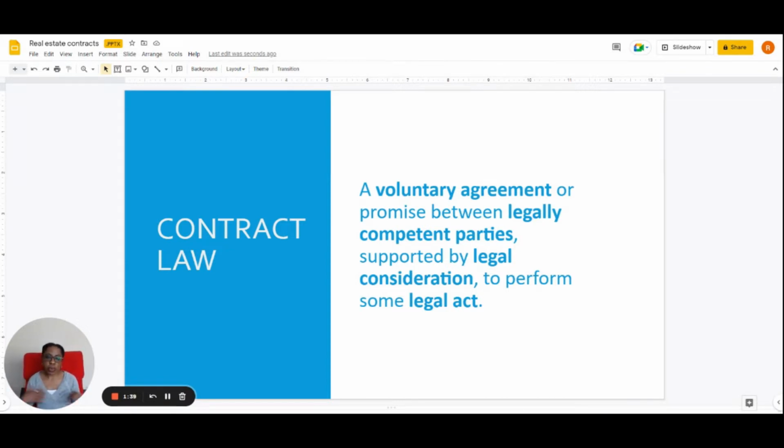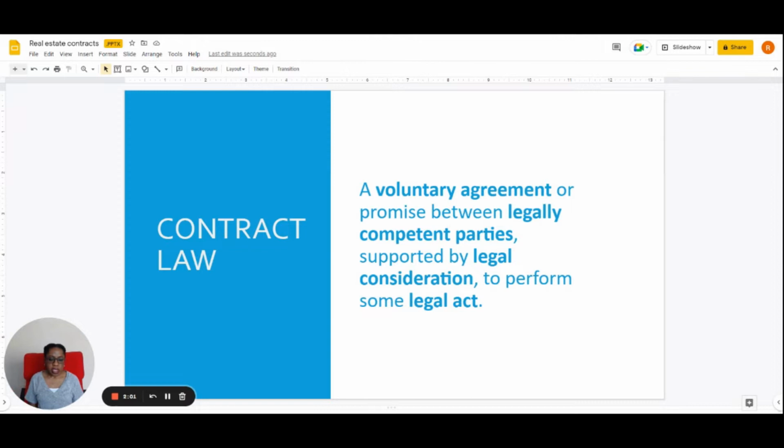It's an agreement, it's a promise between legally competent parties. So there has to be some parties involved. All right? Legal consideration, we're going to talk about that. So something of value that's being exchanged and then to perform a legal act. Meaning, if the contract is for something illegal, it is not a valid contract.